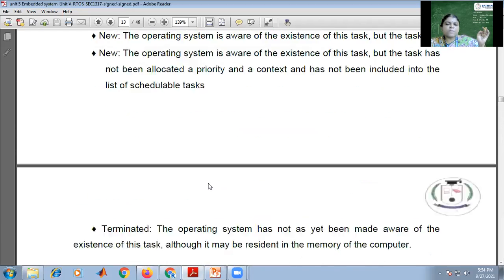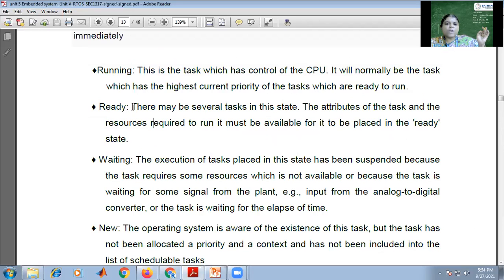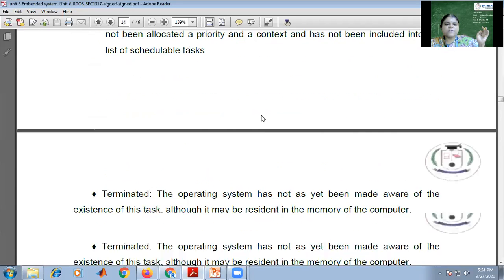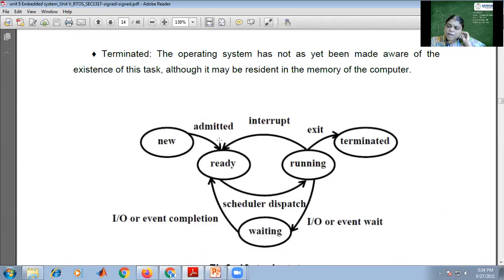So that means in an OS, there will be several tasks in the state. I can say, like me, many other faculty also will be ready to conduct examination, isn't it? So when so many faculty are ready with the question paper, some schedule, some timetable will be framed.